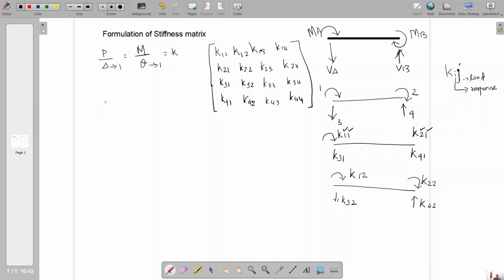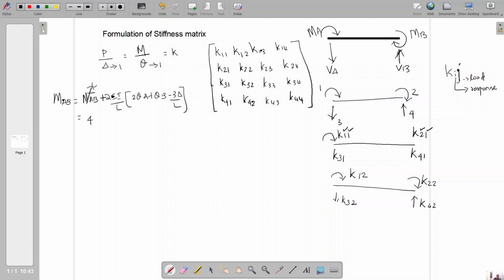First of all, from the slope deflection equation, you can recall: MAB equal to M bar AB plus 2EI by L into 2 theta A plus theta B minus 3 delta by L. This is the basic slope deflection equation.